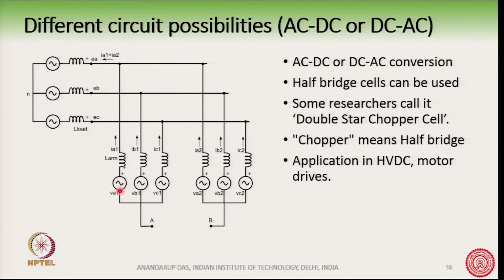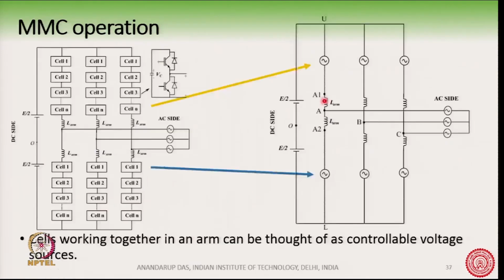Now, these upper arms are shorted here, the lower arms are shorted here. So, you see the 3 upper arms are shorted at this point and the lower arms are shorted at this point, 2 isolated neutrals, right.